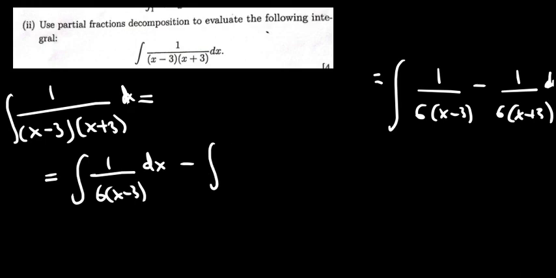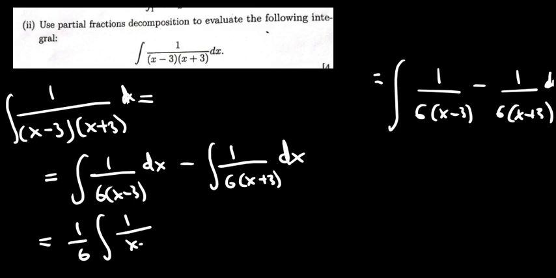Since I can distribute the integral, I'll have the integral of 1 over 6 times x minus 3 dx, minus the integral of 1 over 6 times x plus 3 dx. Here I can move my 1 over 6 in front, and I remain with 1 over x minus 3 dx, minus 1 over 6 times the integral of 1 over x plus 3 dx.